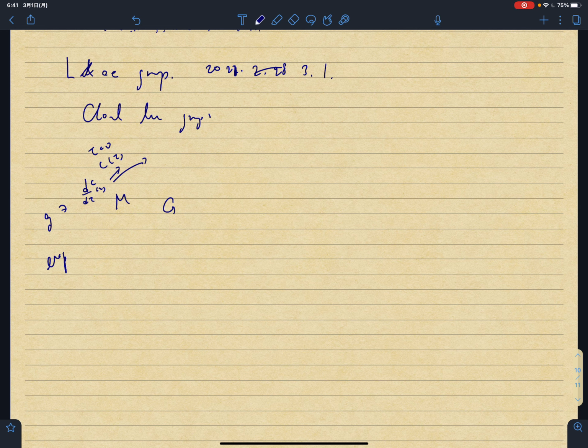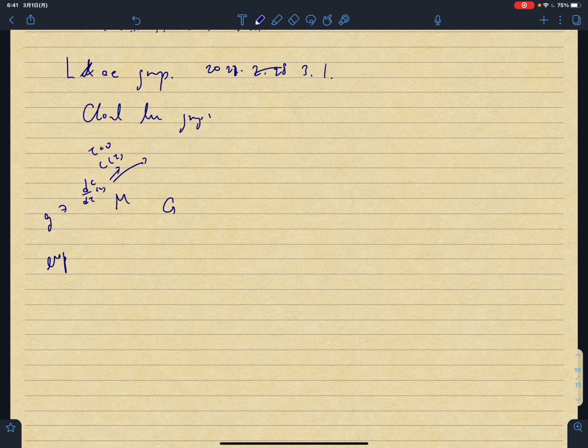From this fact, one deduces the main result of this section: any closed linear group has a natural smooth manifold structure that makes the group into a Lie group.